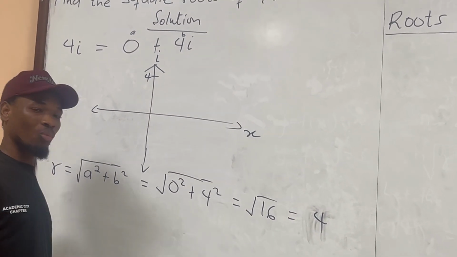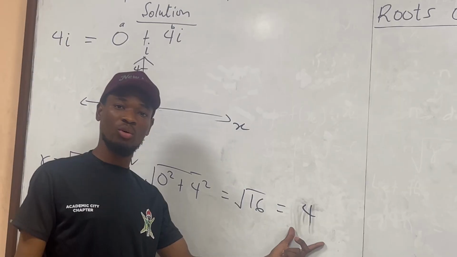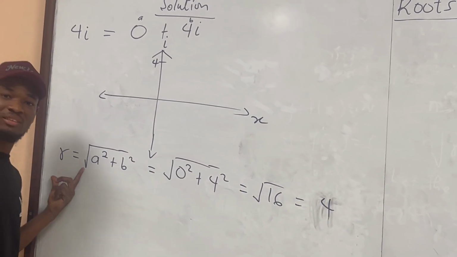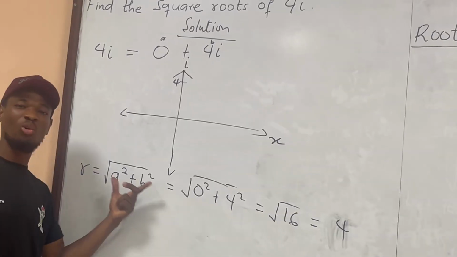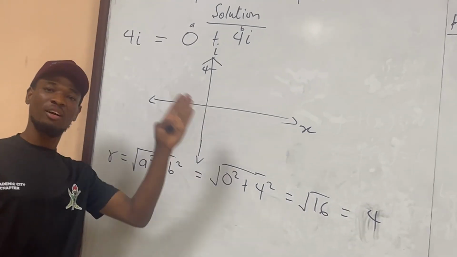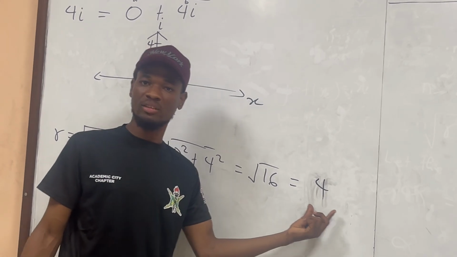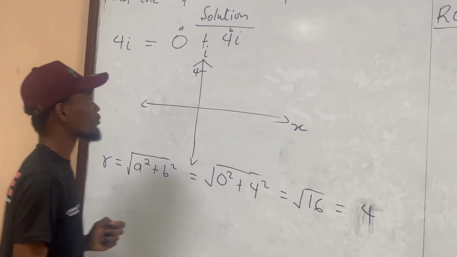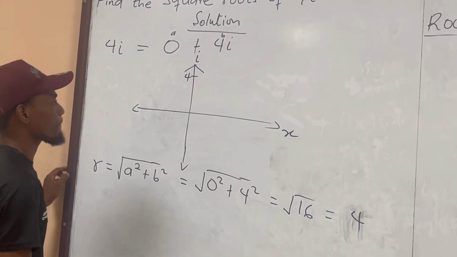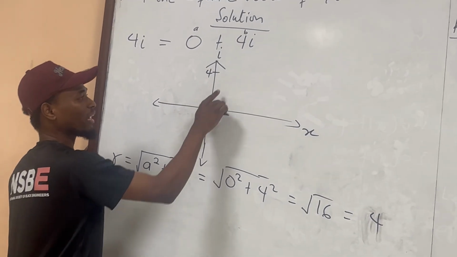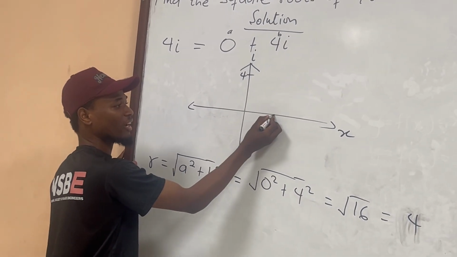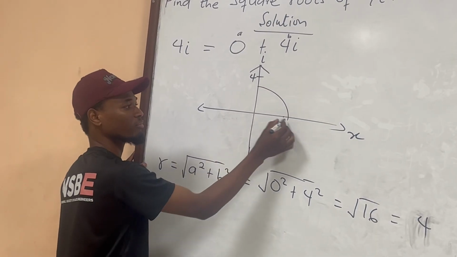Why is this positive? It's positive because modulus represents a distance, and we are not considering negative distances. That's why we took the positive modulus.